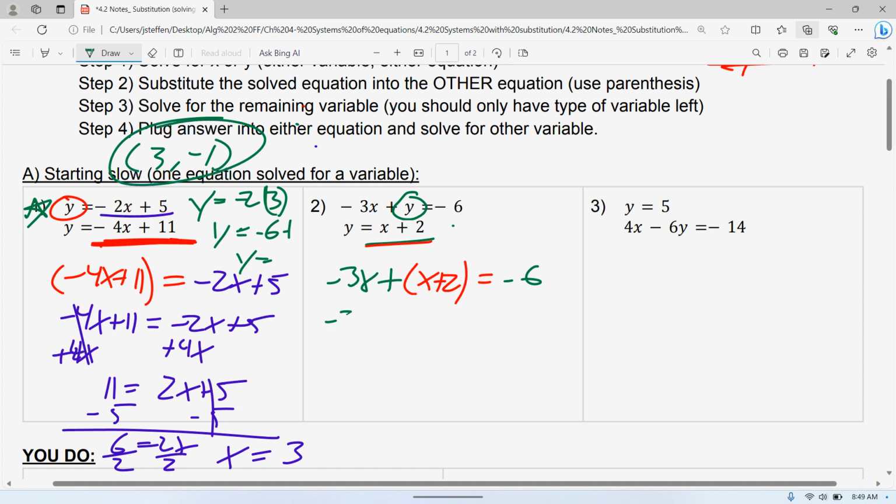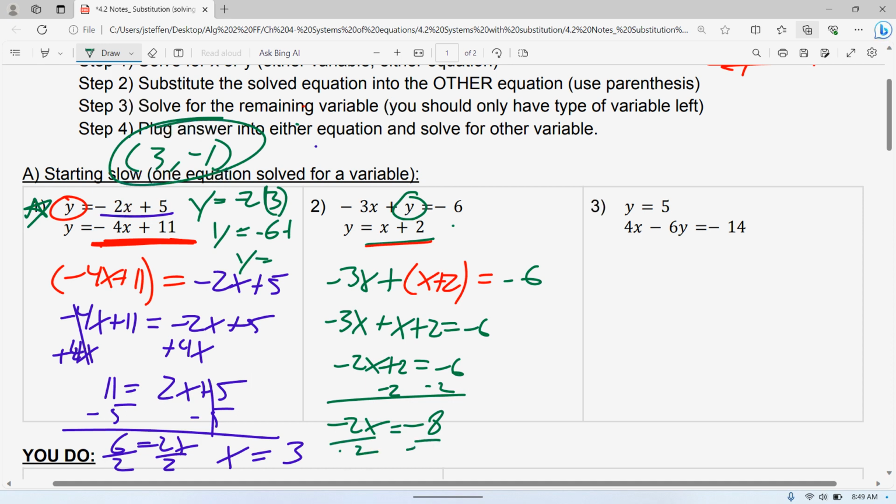Parentheses, but I would definitely encourage you guys to still do so. x plus x is negative 2x. Subtract 2, negative 2x is equal to negative 8. x equals positive 4.